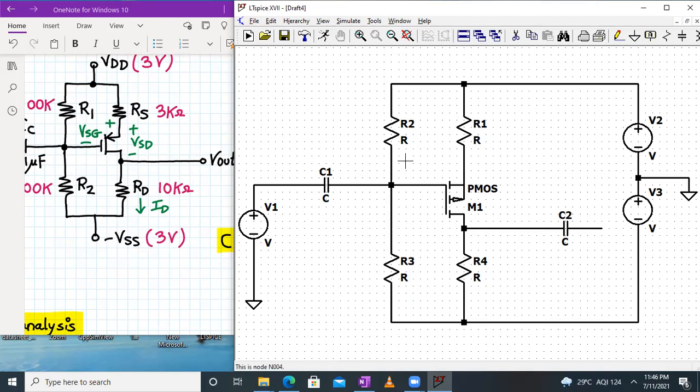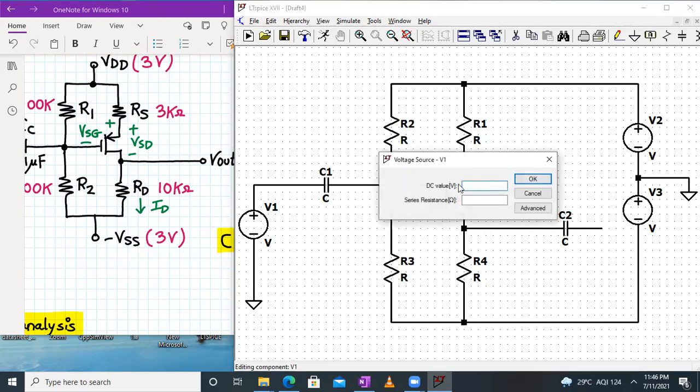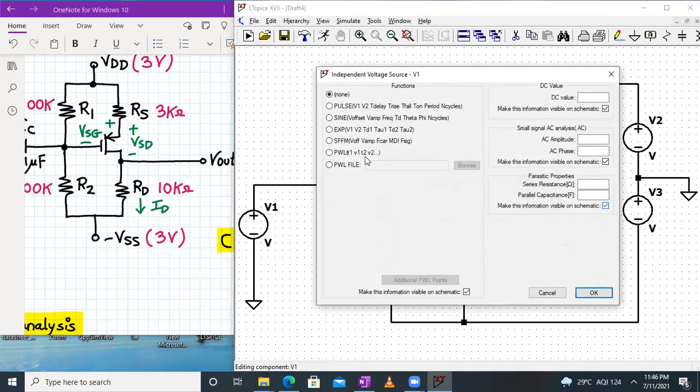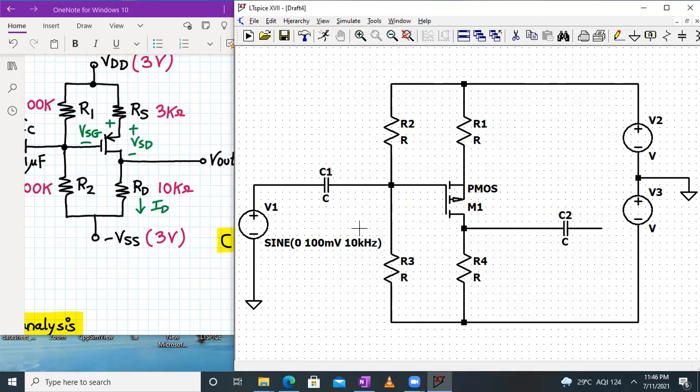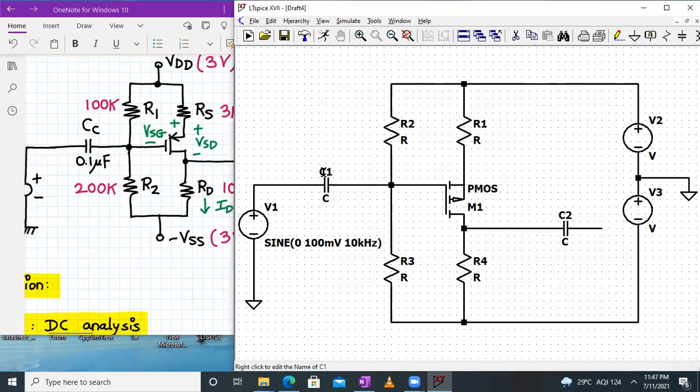So now let us start labeling them. So this is my input source. So here I'll right click, go to advanced, and I can select sine wave. DC offset will be 0. Amplitude we can give 100 millivolt, and frequency might be 10 kilohertz. Okay, so this is the information which we have given. This is capacitor CC.